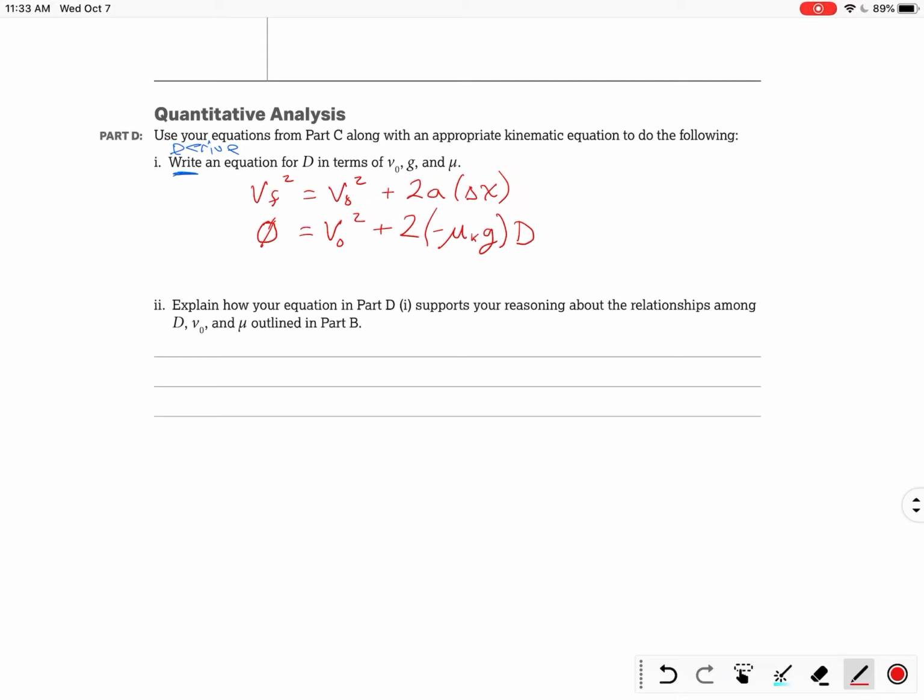And we want to derive an equation for D. So let's go ahead and solve this for D. So I can move this to the other side of the equation. 2 mu sub k g d is equal to v0 squared. And then I'm running out of room, so I'll move over here. D is equal to v0 squared over 2 mu sub k times g. So I've derived an equation for D. It's in terms of v0, g, and mu.